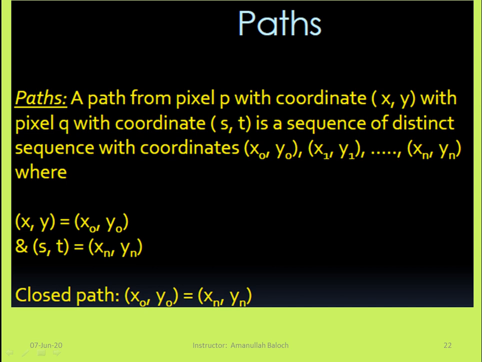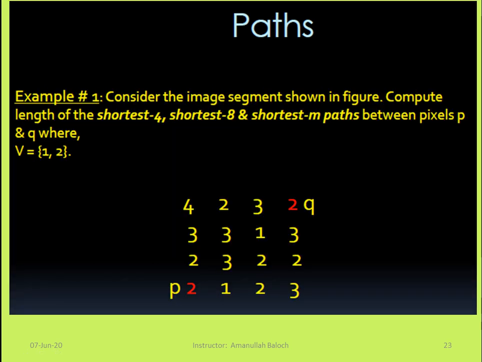If we start from a pixel and, by moving through many other pixels, we end at that starting pixel, that is, x0, y0 is equal to xn, yn, then this path will be considered a closed path, not an open path.